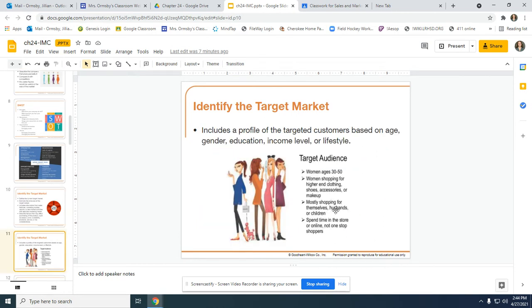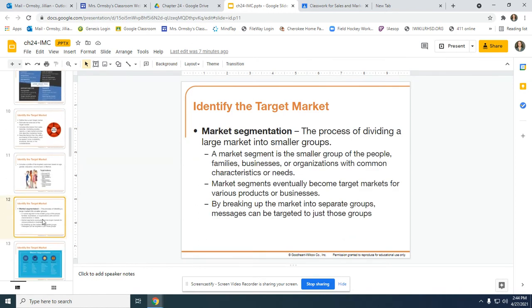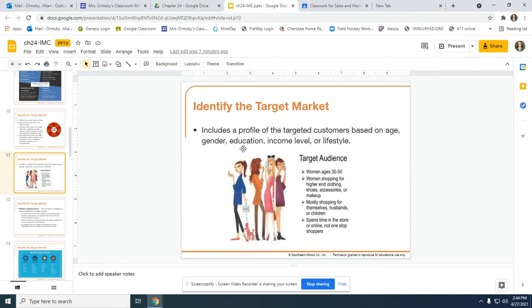Another important thing when we are identifying the target market is we need to segment the market. We need to make sure that we have a profile for the person that doesn't just say women ages 30 to 50. So when we're identifying the target market, you're essentially creating a profile of your targeted customers, not only based on age and gender, but it goes further into education, income level, or lifestyle.